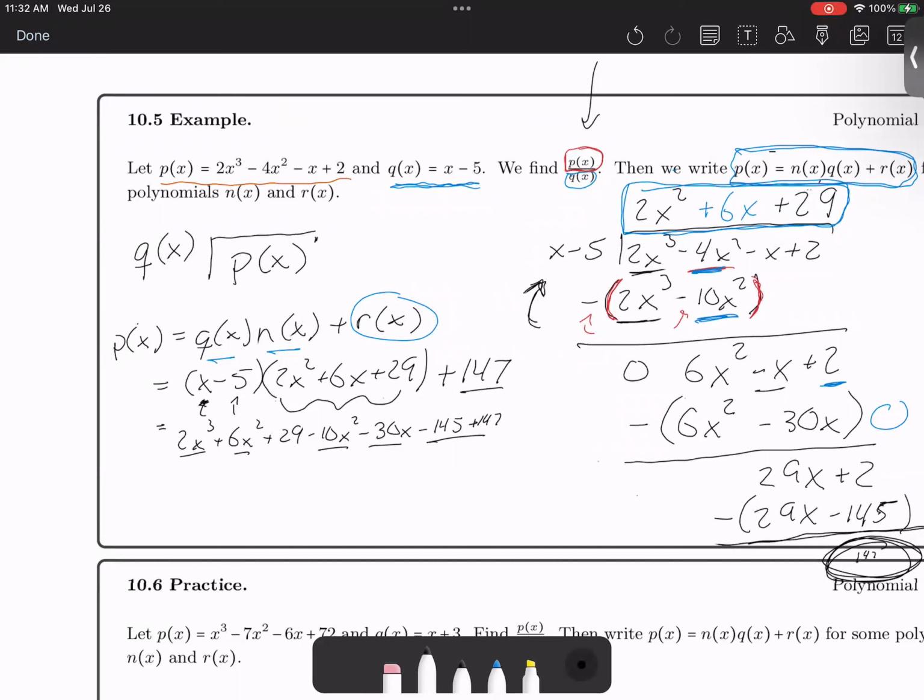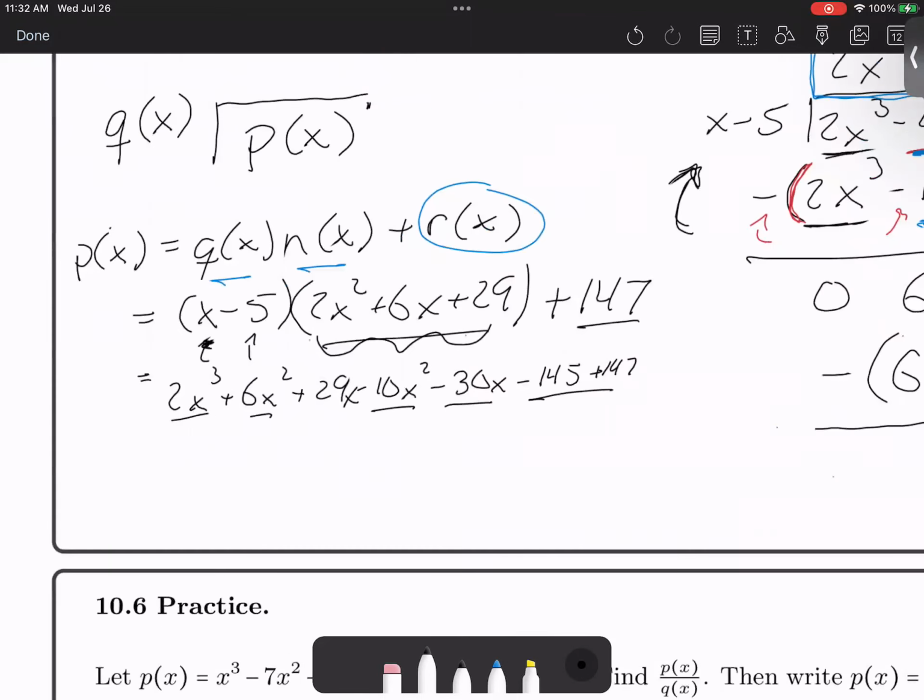Let's see. If I send this x through here, I get a 2x cubed plus a 6x squared. Oh, that's a 29x. And then let me double check the rest of the terms. The minus 5 gives us a minus 10x squared, a minus 30x. Okay, that one's okay. Yeah, I was just missing an x right there.